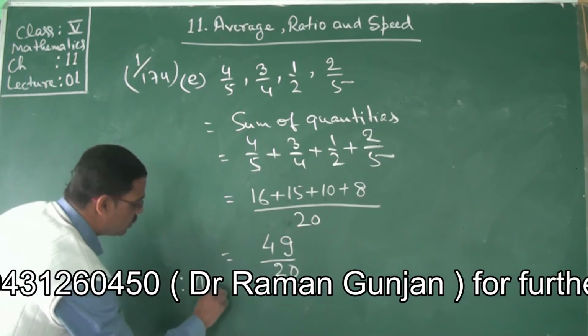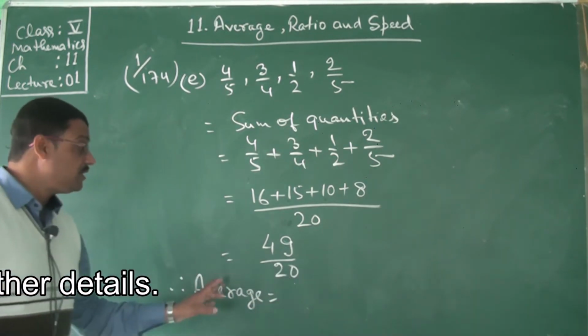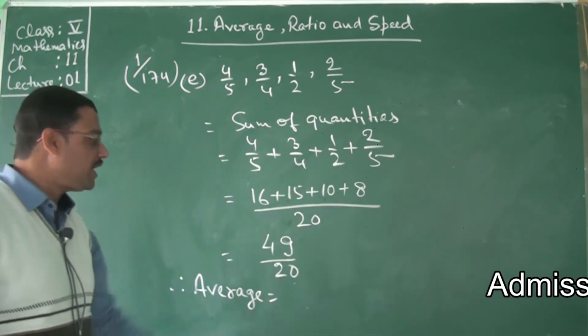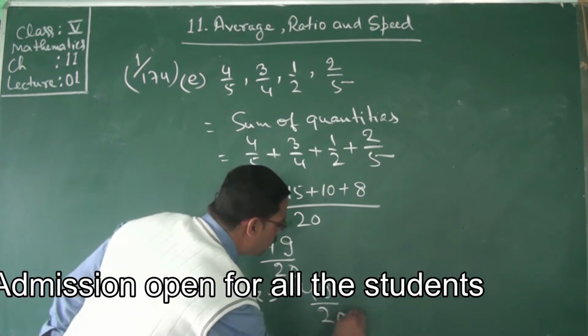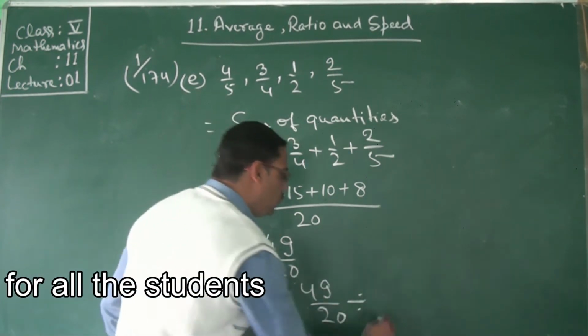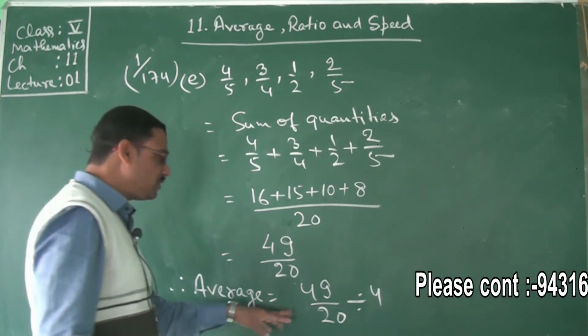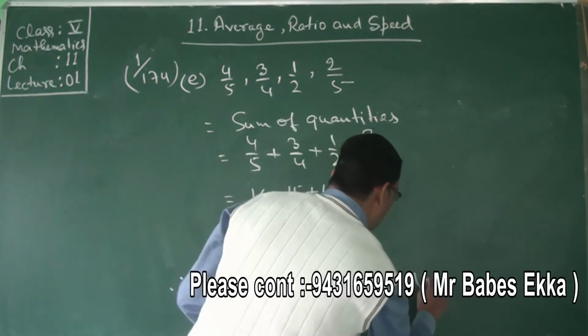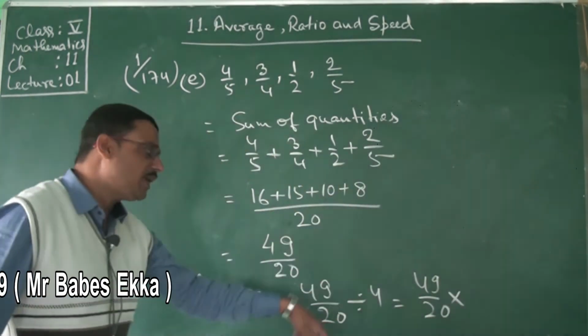Therefore the average will be, as we have learned, the sum of quantities divided by the number of quantities. So we can write it as 49 by 20 divided by 4, and the simple way to divide by 4 is 49 by 20 into 1 by 4.